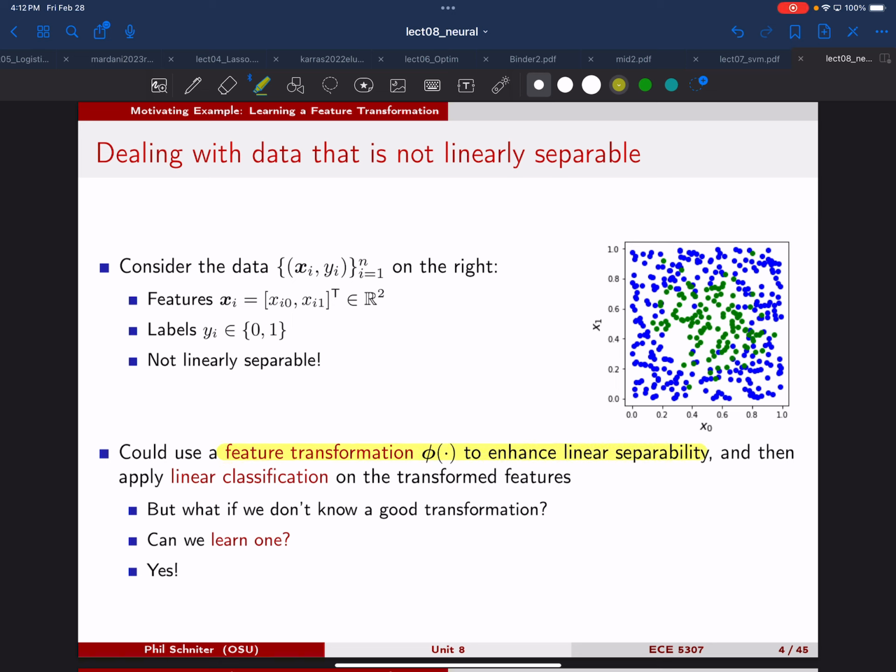In this unit, we're going to see if we can actually learn the feature transformation directly from the data itself, not just use one that was given to us implicitly through the RBF kernel. That's really the new idea, and it is the main idea that underlies neural networks and all of the amazing things that machine learning is doing today.